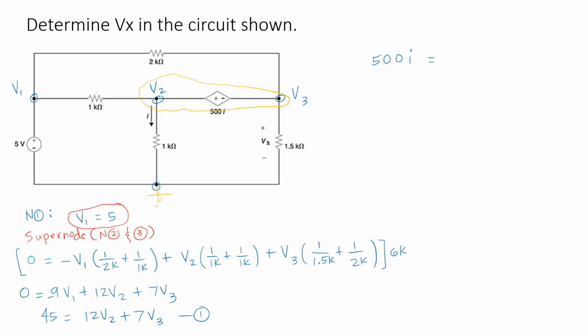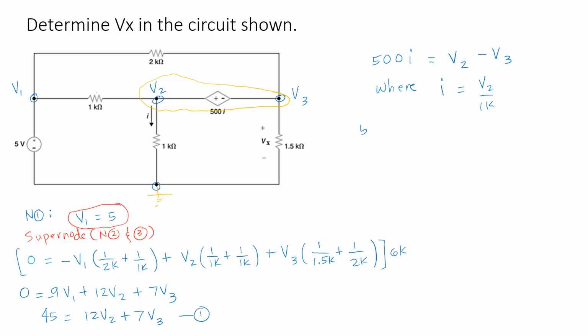And based on the polarity of the dependent source, this will be equal to V2 minus V3. And of course, we substitute the value of I, where I is the current through the 1 kilo ohm, located between node 2 and the reference node. So I can be written as V2 over 1k.